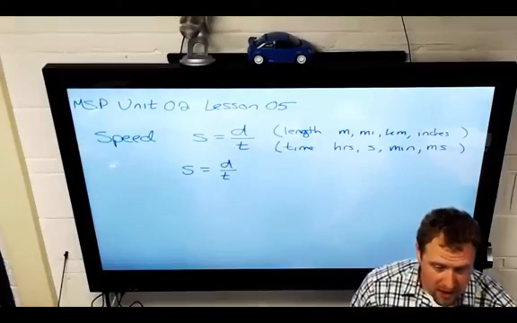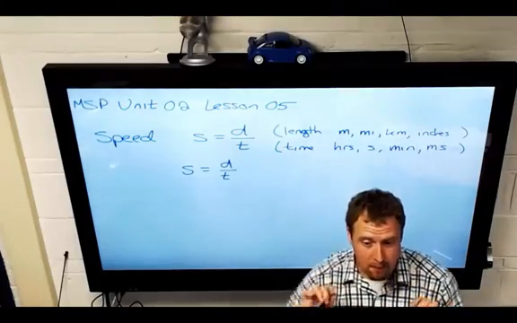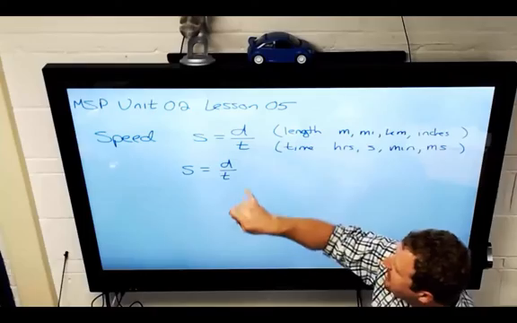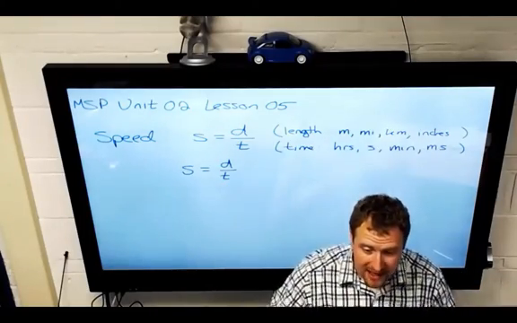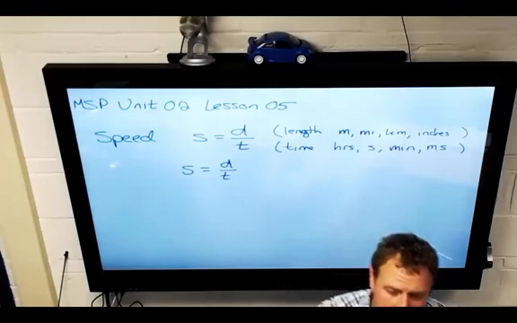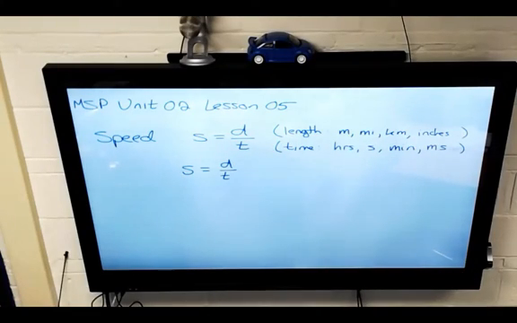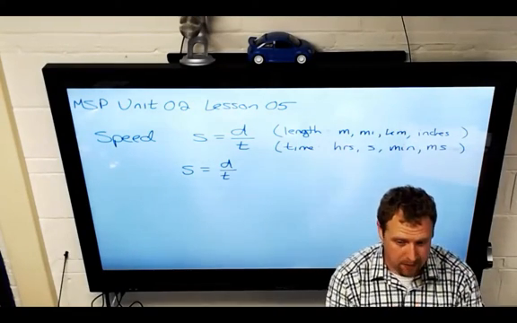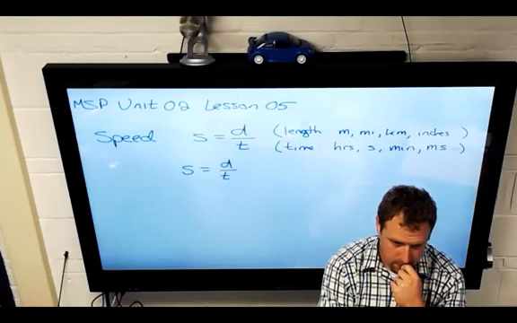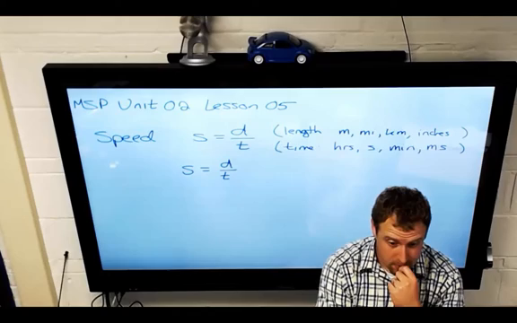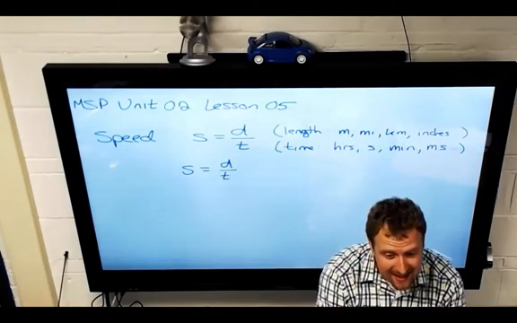So let's say for just a moment that I want to get D by itself. Okay, I want to get D by itself. Savannah, suggest something we might try to make this happen. What do you think? You would multiply by T. Yes, fantastic.